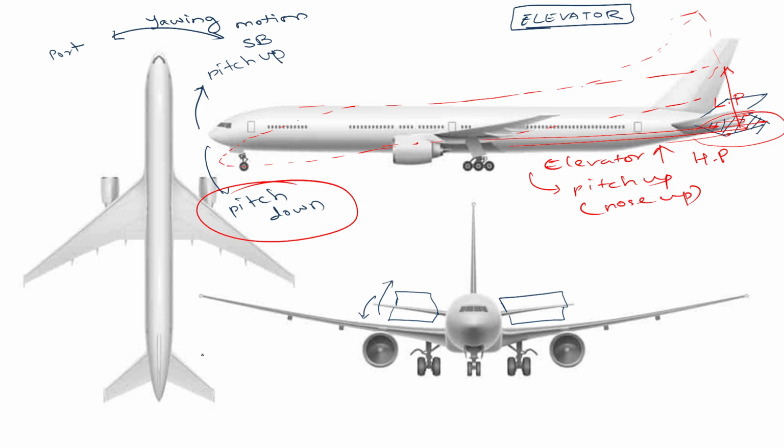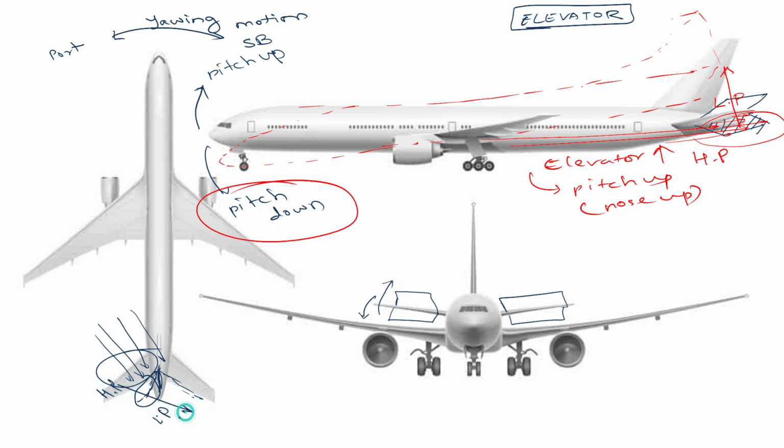Now here we have the rudder. Either it can go this way or this way. Roughly I am sketching. If it is deflected towards the port side, all the air is coming and going to hit over here. There is a development of high pressure here, and the other side is going to be low pressure.